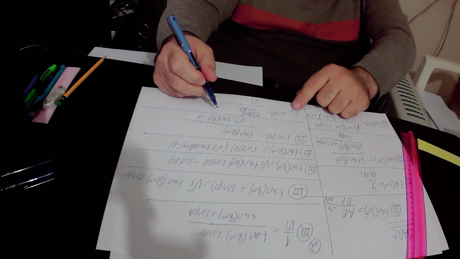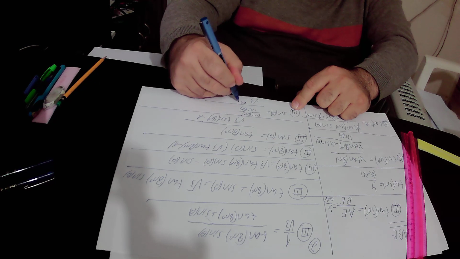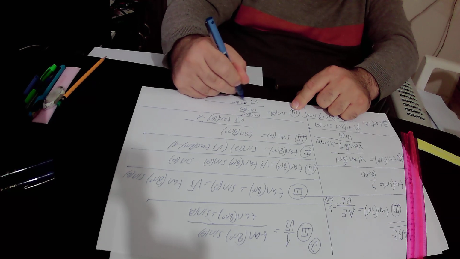Again, tangent 80 degrees is sine 80 degrees over cosine 80 degrees.